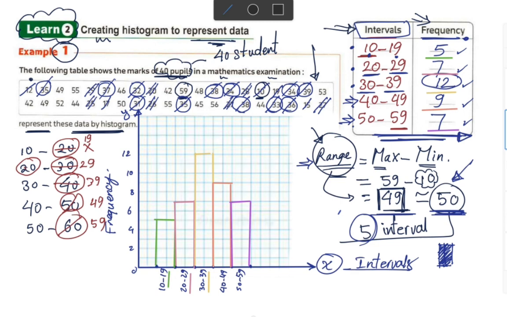Okay? Now you may hatch or not hatch. What's the meaning of hatch? Hatch like this. It's called hatch.